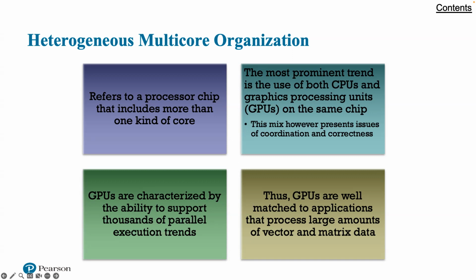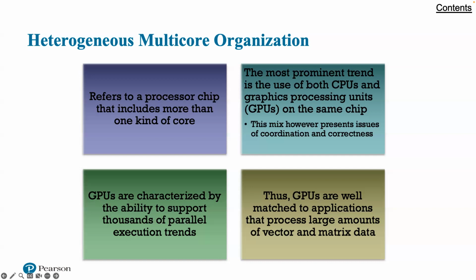The most prominent trend in heterogeneous multi-core design is the use of both CPUs and graphic processor units, GPUs, on the same chip. Briefly, GPUs are characterized by the ability to support thousands of parallel execution threads. Thus, GPUs are well matched to applications that process large amounts of vector and matrix data.